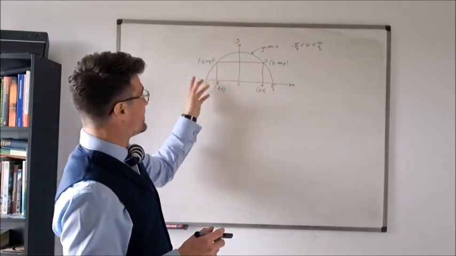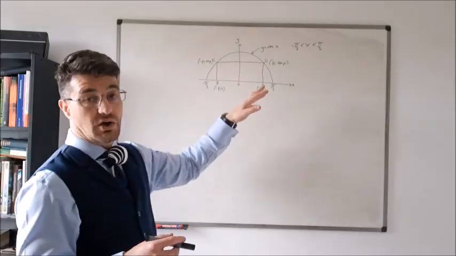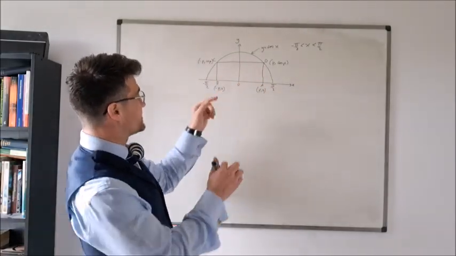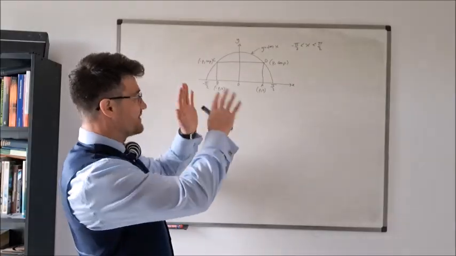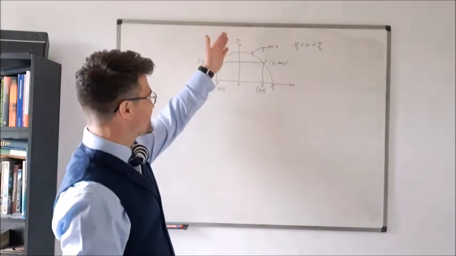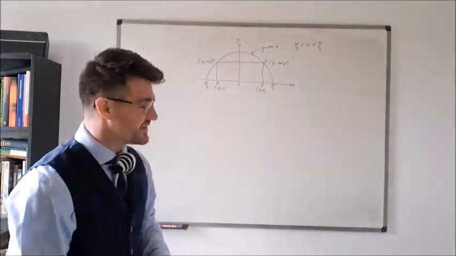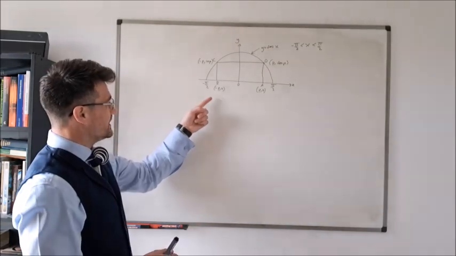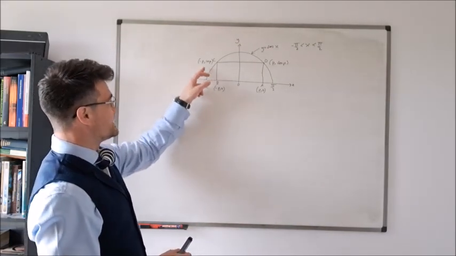And because of the symmetry of the graph of cos, the rectangle must be symmetrical about the y-axis. So that justifies these coordinates here.